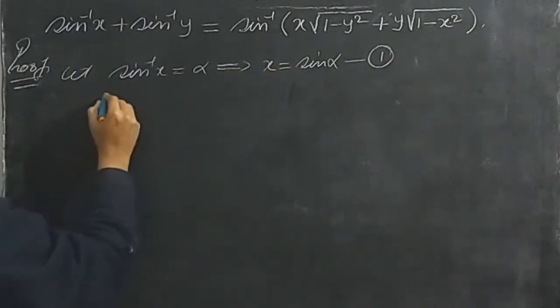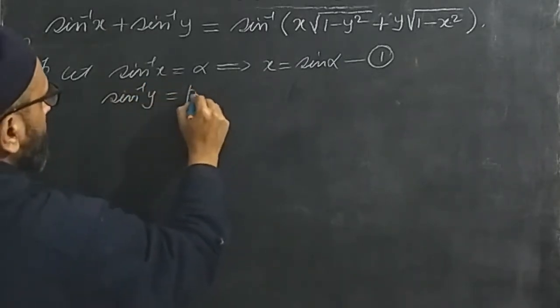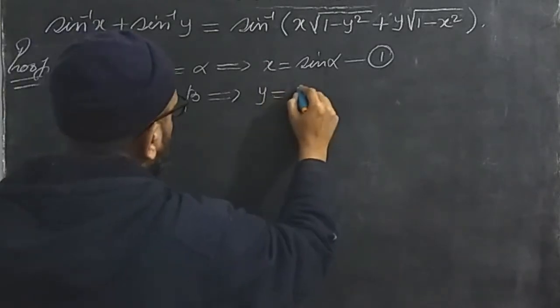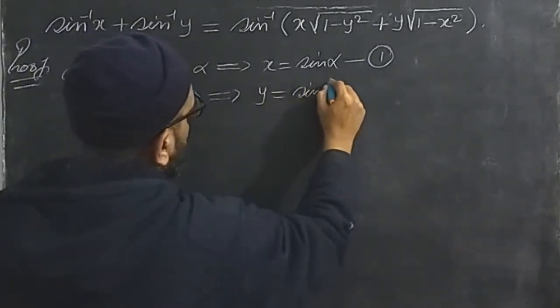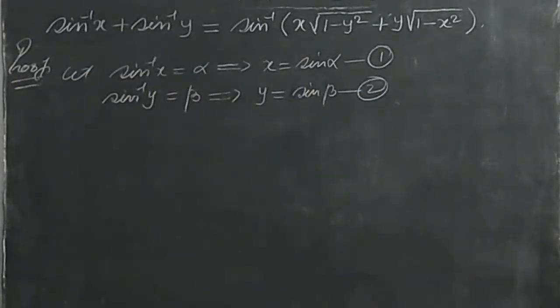And sine inverse y is equal to beta implies that y is equal to sine beta. Say equation number 2.